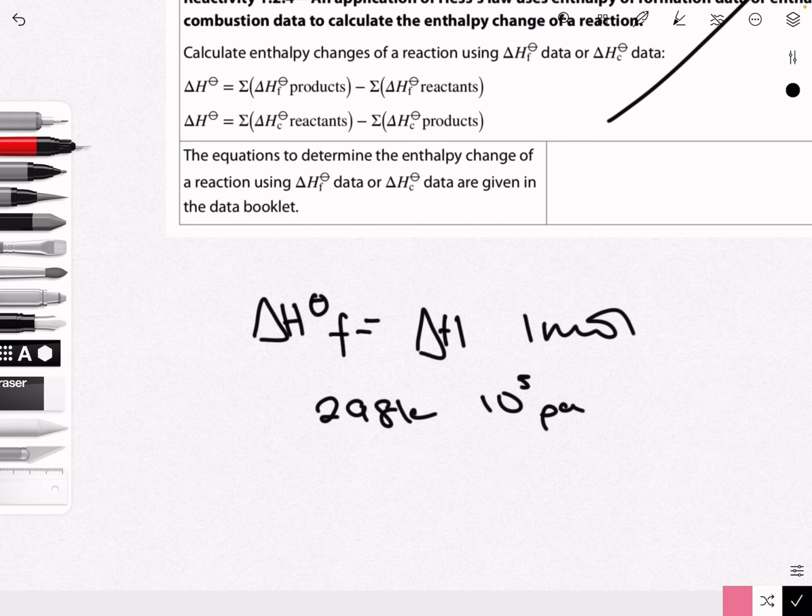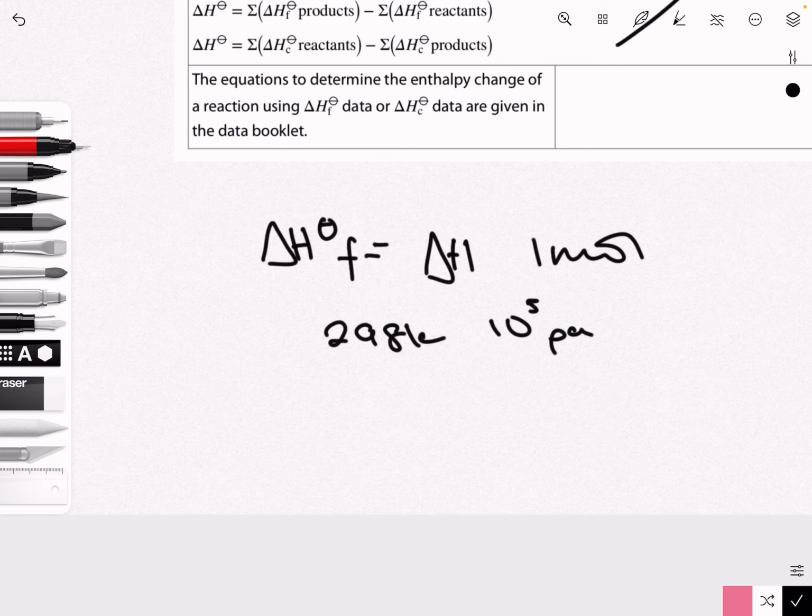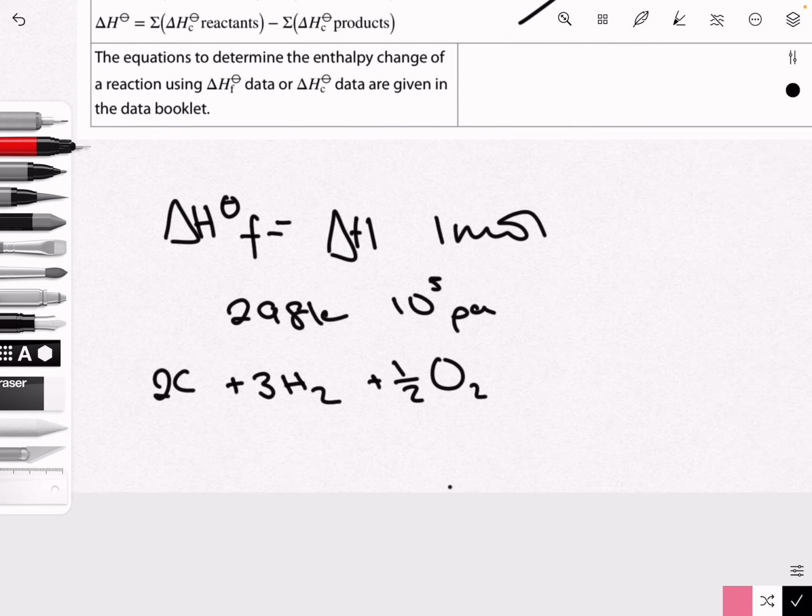Next up, let's have a little example to better understand what this looks like. So let's say we are forming ethanol. So 2 carbons, 6 hydrogens, and half an oxygen will give us C2H6O.